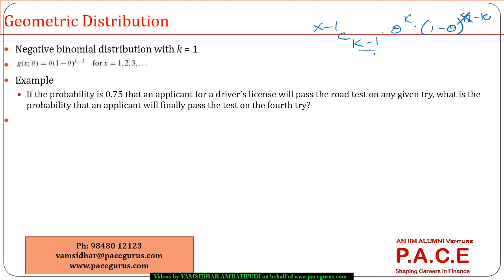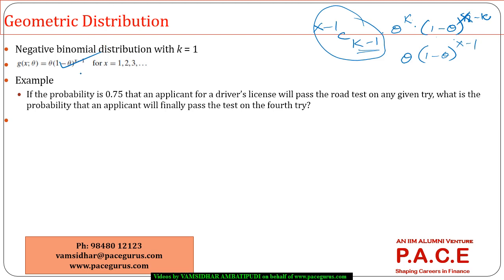This becomes x minus 1 C 0, which is always 1. Theta to the power 1 is theta. 1 minus theta to the power x minus 1. So this is the geometric distribution. It's a negative binomial distribution with k equal to 1.